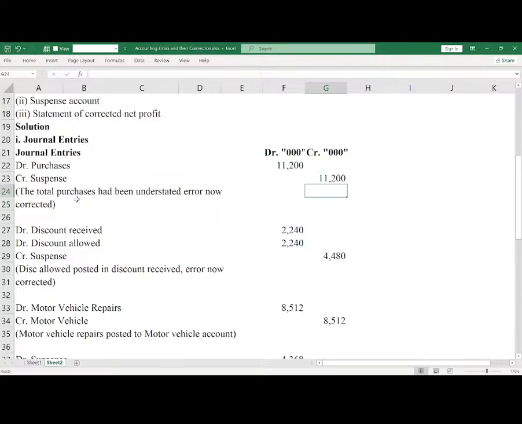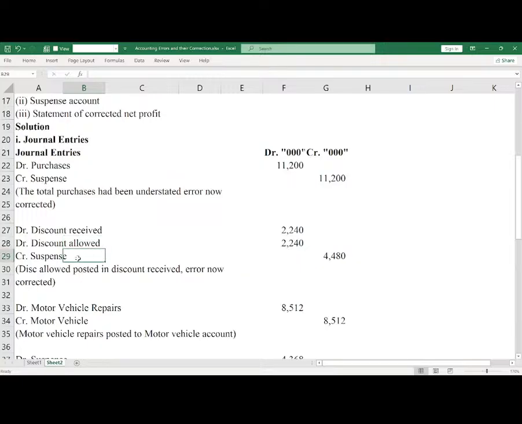Number 2, we are told the total of the discount column on the debit side of the cash book, amounting to 2,240,000, had been posted on the credit of the discount received account. So here we have the discount received account which has been credited. We are going to debit the discount received as well as the discount allowed, each 1,240,000.